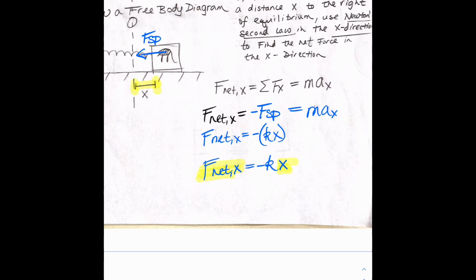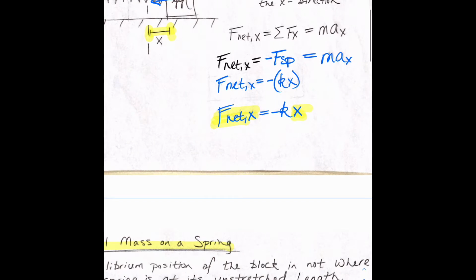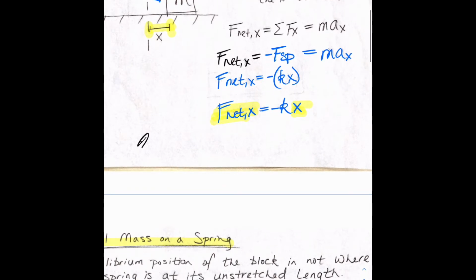So therefore, we can say that a mass on a horizontal spring has a net force that is a linear restoring force.